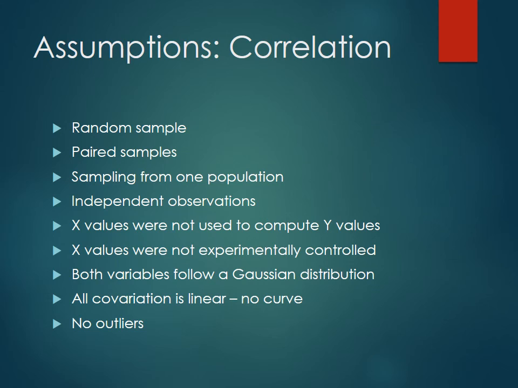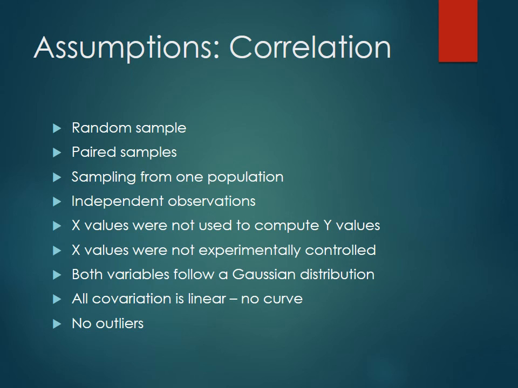The other thing is that the x values are not used to compute the y values, right? So you don't want the value of x to directly influence the value of y, because that's not really telling you anything at that point. Obviously, if x was used to calculate y, as you increase x, y is going to go up as well, right? And then the x values are not going to be experimentally controlled. This is another thing where you're looking at just natural variation in the patients and how the variable of correlation is changing along with them.